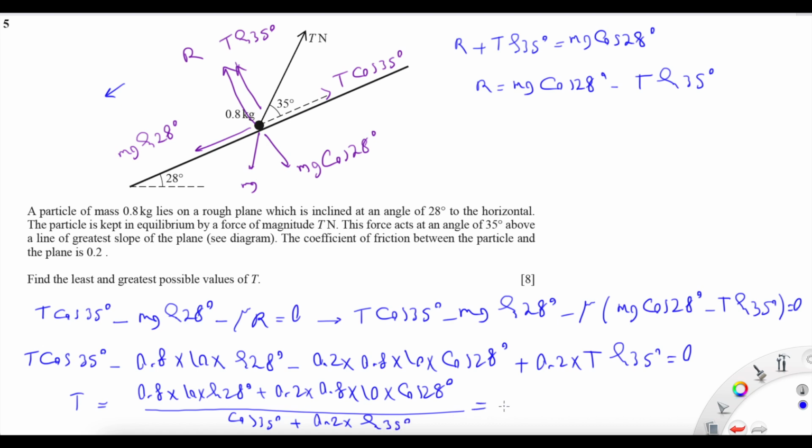Calculating this amount, it will become 5.53 newtons as the T max.